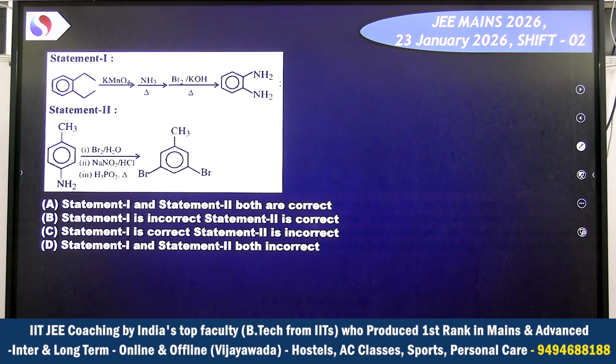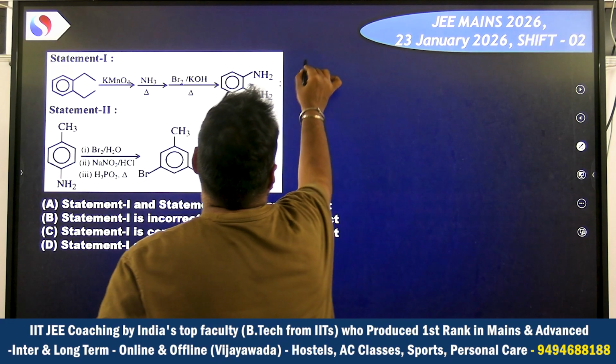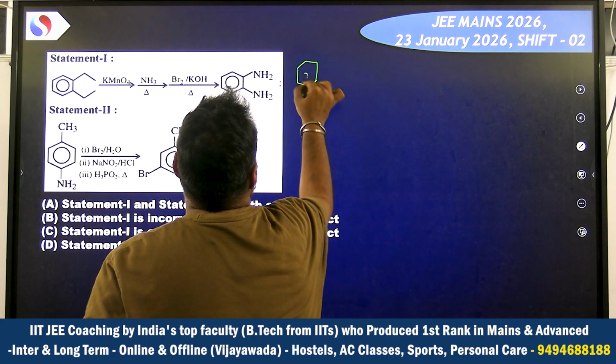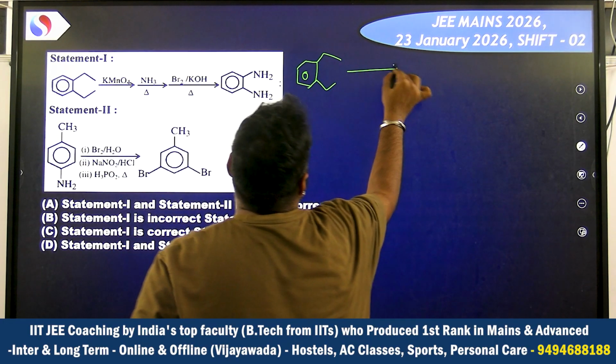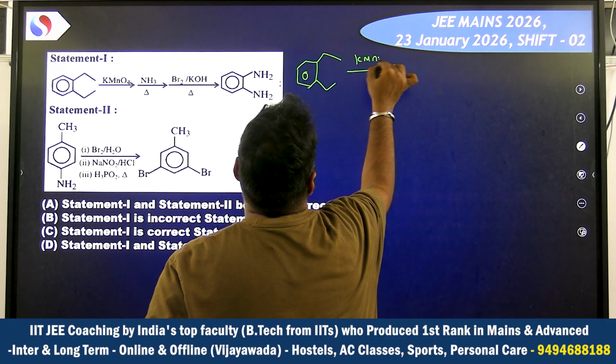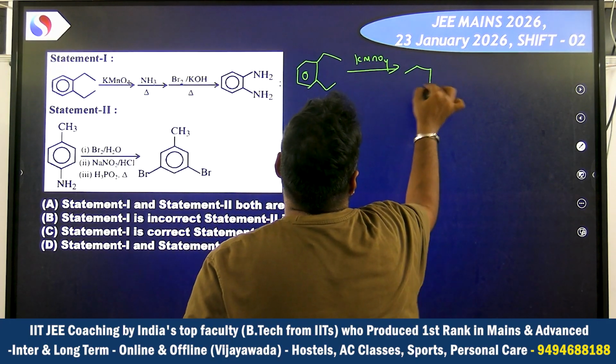Statement 1. This reacts with KMnO4, in presence of NH3, in presence of Br2, gives aniline. Statement 2. Chalo, let us solve this question. This under KMnO4, a strong oxidizing agent, what will happen?